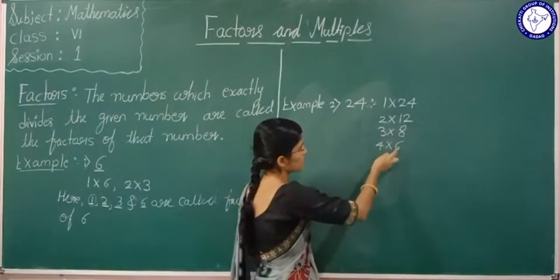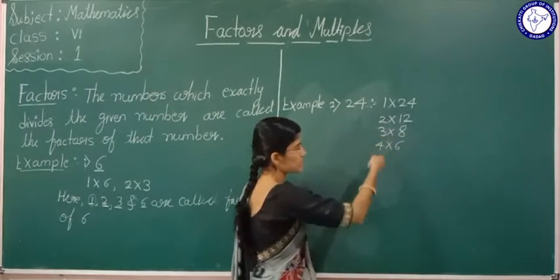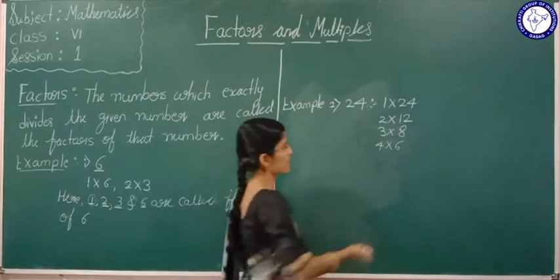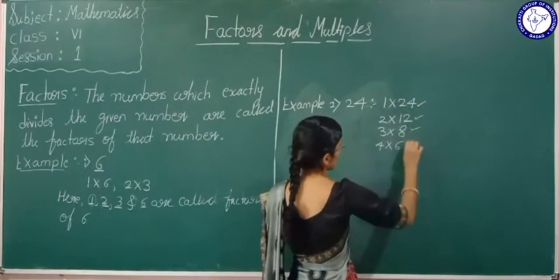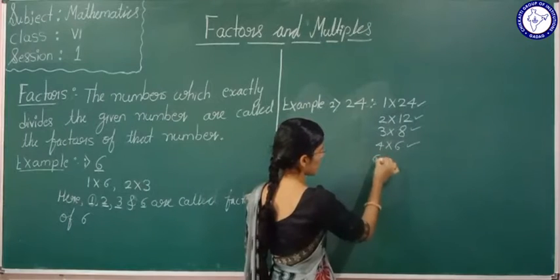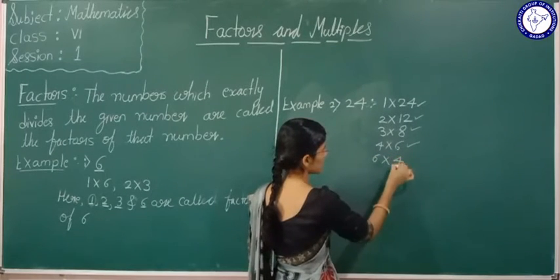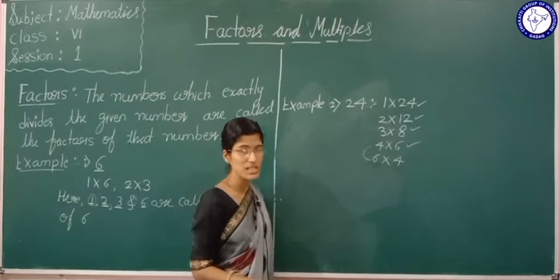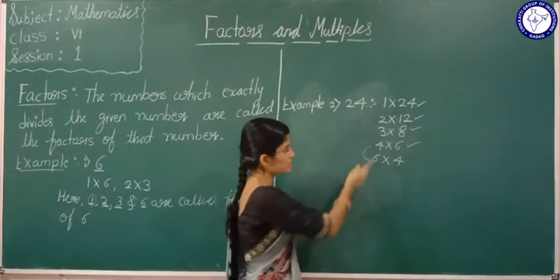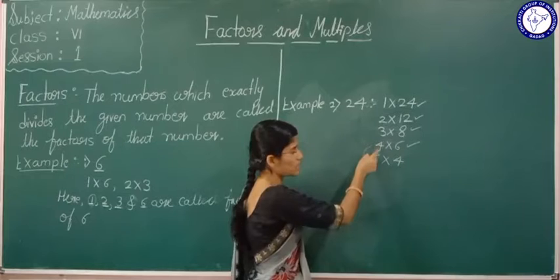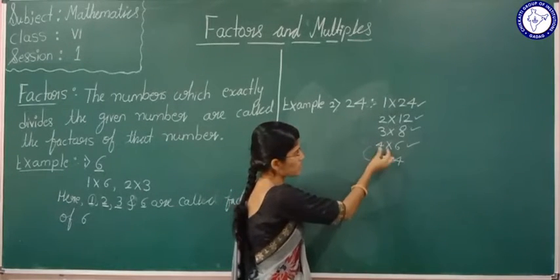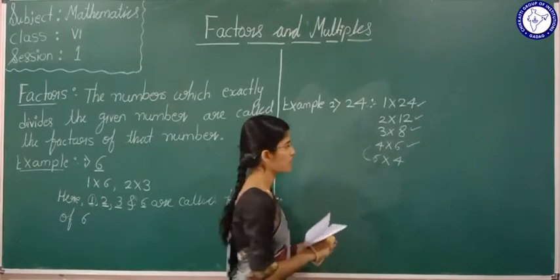Again 6 4s are 24. It is the same only, right? So this 24 can be written like this. You can tell me, ma'am, we can write 6 4s also, but these two are the same only, no? You learnt in whole numbers, yes or no? This is the commutative property of multiplication. Both are the same only, the position is changed, but both are the same.